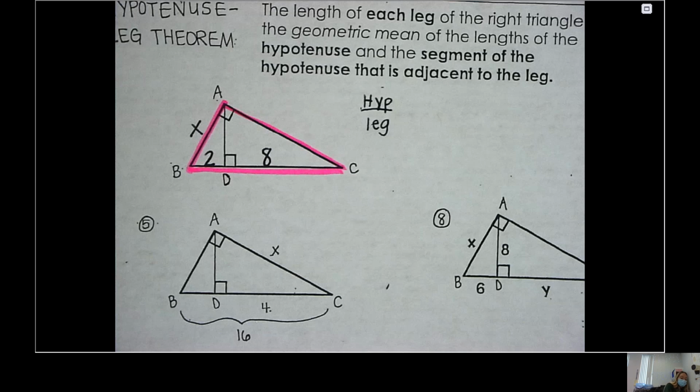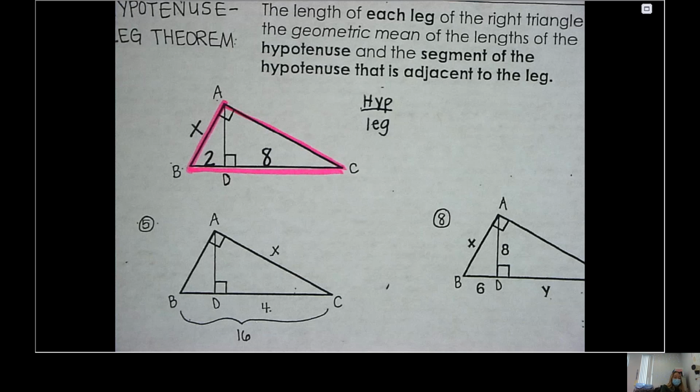So I'm going to take BC and divide it by the other side of the pink triangle that has a number or a letter.